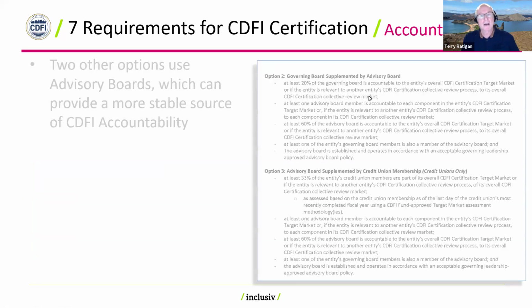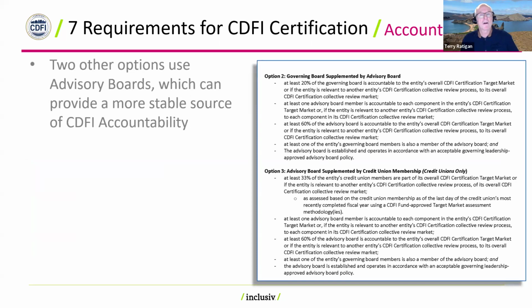But fortunately, under the new standards, there are two other options that allow for the use of advisory boards, which can provide a much more stable source of meeting the accountability requirement, because you can specifically recruit members of advisory boards to fulfill these particular requirements.